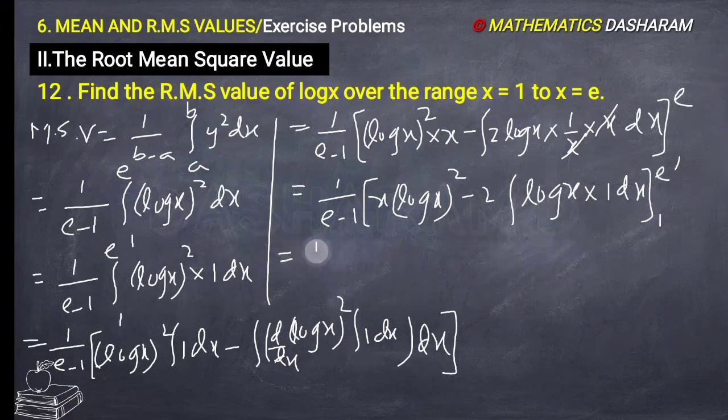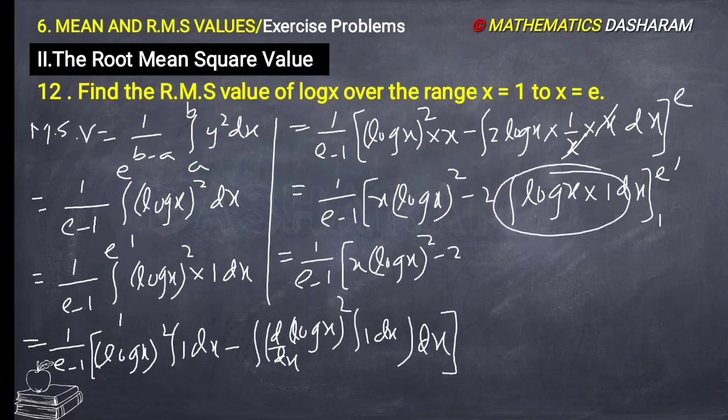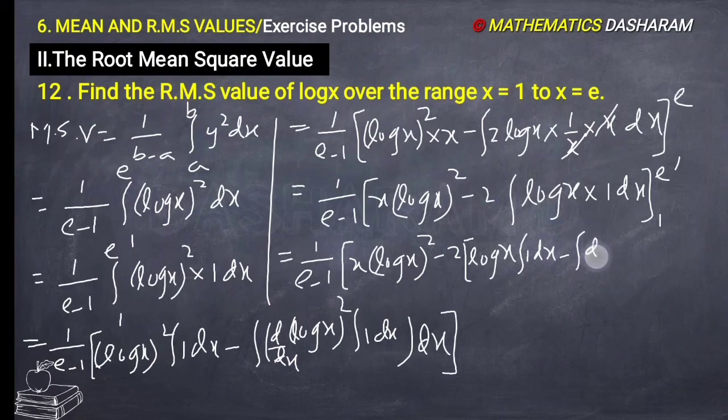So it is equal to 1 by e minus 1, x into (log x) whole square minus 2 into, here once again apply the u into v formula: u means log x into 1 dx, minus integration of d by dx of log x into integration of 1 dx, whole dx. The limits are 1 to e.